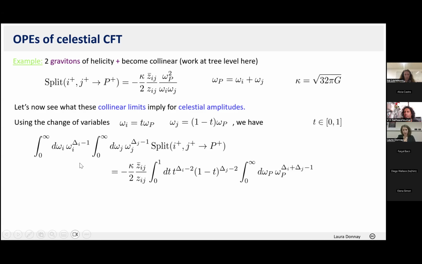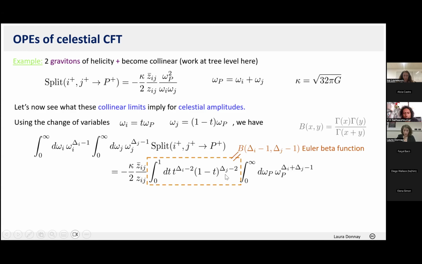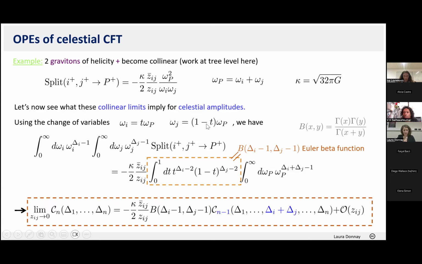And if you're familiar with this integral, you immediately recognize it as the integral representation of the Euler beta function. It is the Euler beta function of delta i minus 1, delta j minus 1. So this was a very easy integral to do in the end.